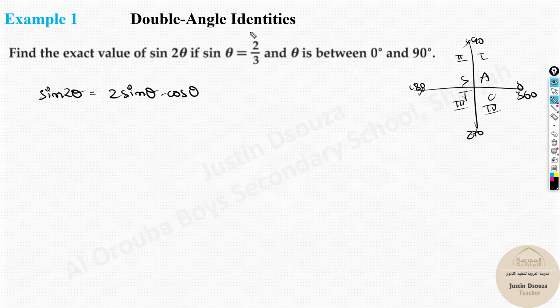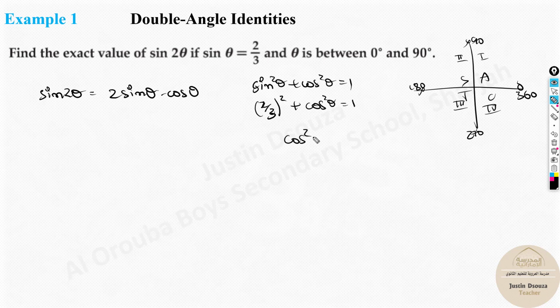Okay, this is important. Now, you know sine theta is given, but how do you find cos theta? That is from the Pythagorean identity. We know sine square theta plus cos square theta equals 1, right? Now substitute. Instead of sine, we have 2/3 square, plus cos square theta, which is unknown, so leave it as it is, equals 1.